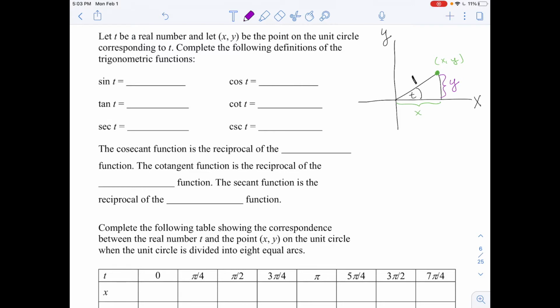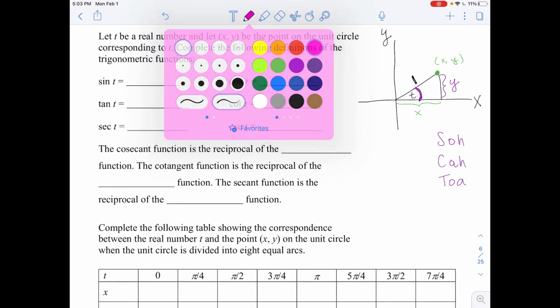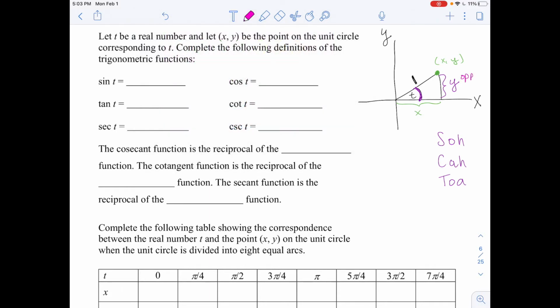So hopefully you remember the acronym SOH CAH TOA. This refers to, from this angle, the opposite side, the adjacent side, and the hypotenuse.